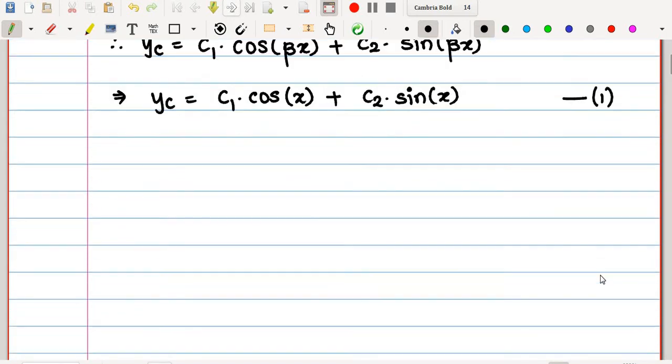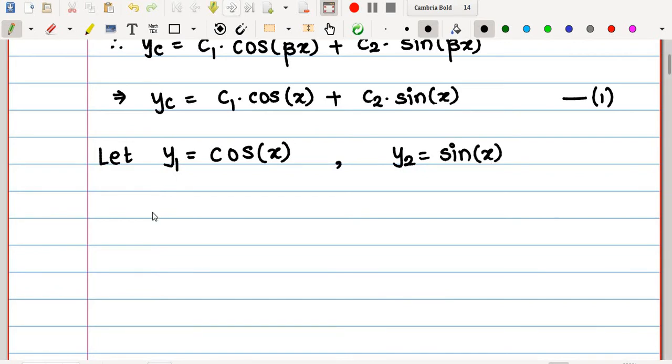Therefore we consider y1 as the coefficient of c1, that is cos x, and y2 is equal to sin x. Therefore we calculate the value of the Wronskian. The formula for the Wronskian is y1 and y2 in the first row of the determinant, y1 dash and y2 dash in the second row of the determinant.